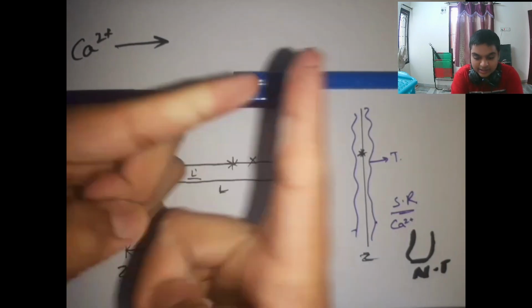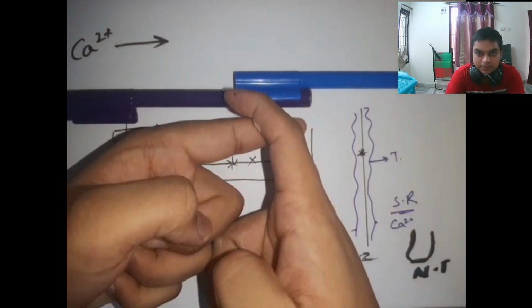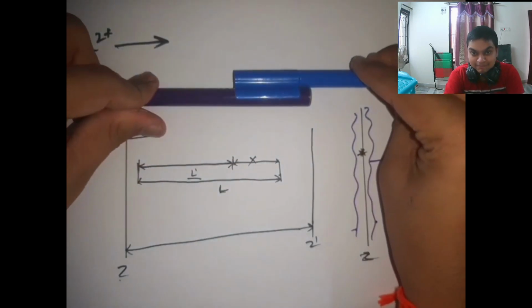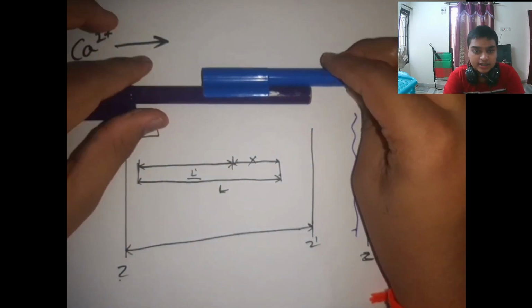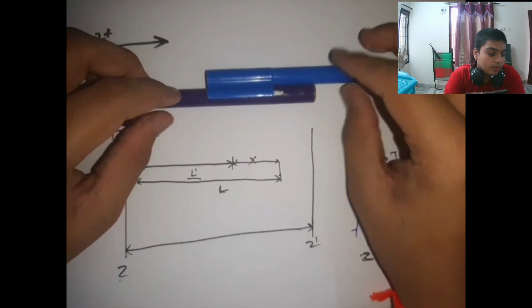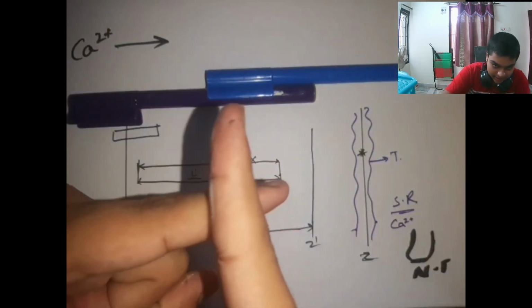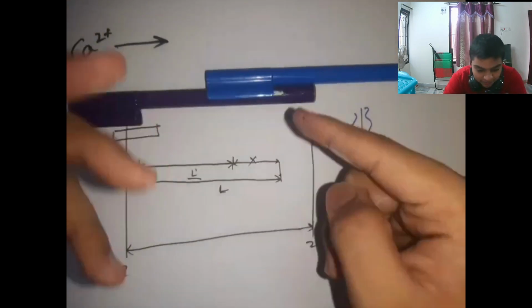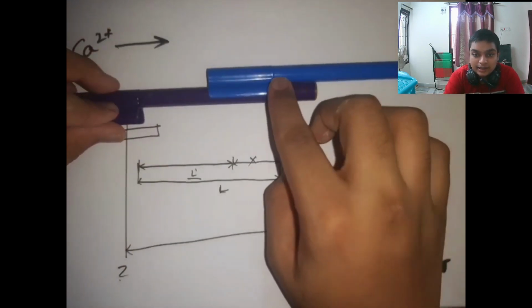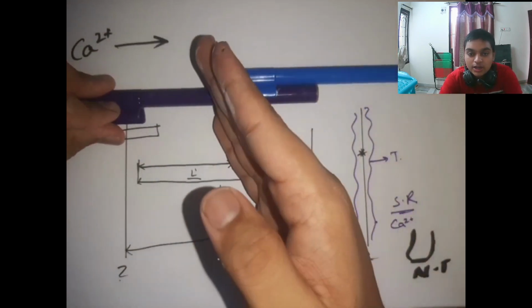It pulls the actin like this. The head is pulling the actin towards it. Therefore the actin slides over the myosin.